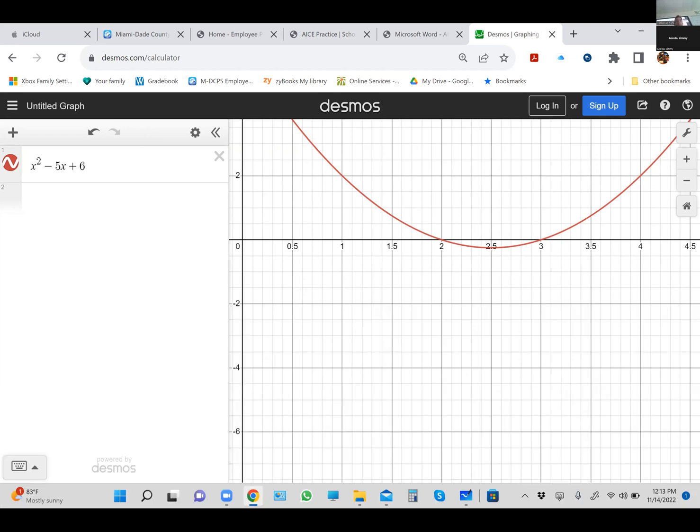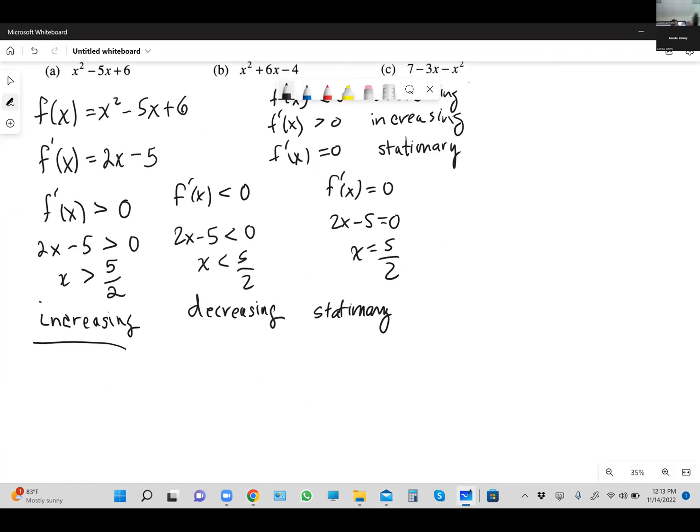But imagine I did. Imagine I actually copied this and I put it here, and I also use the same ink, and it looks like this. And over here, what you notice is here's 5/2. Over here on this side, all my slopes on my tangent line are negative.